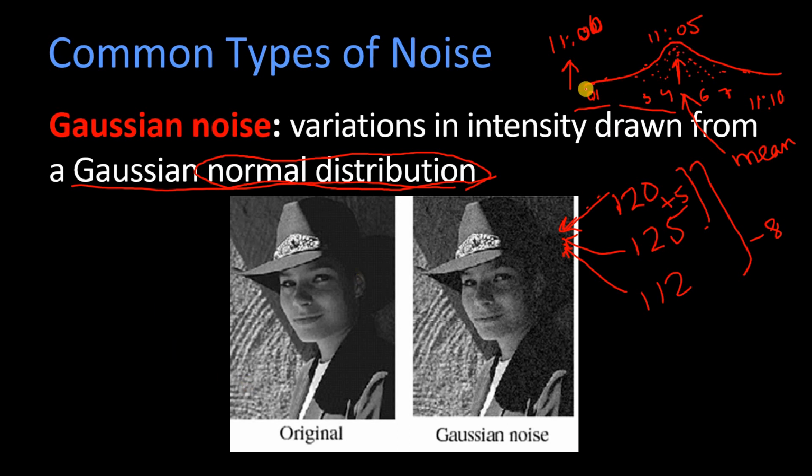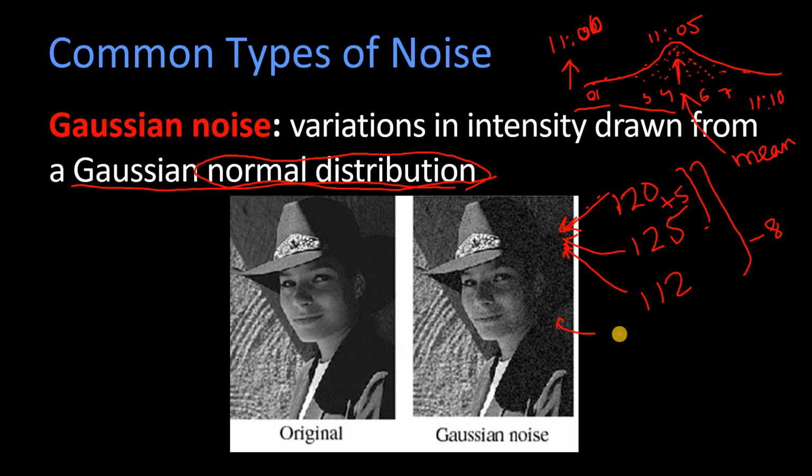This shape is normally called the normal distribution shape, or the bell shape. Its shape is more like a bell. So we also call it normal distribution or Gaussian distribution, and the same behavior is represented here in this image. Whatever the pixel value is, that value changes a little bit up or down around the original value. This type of noise is called Gaussian noise.